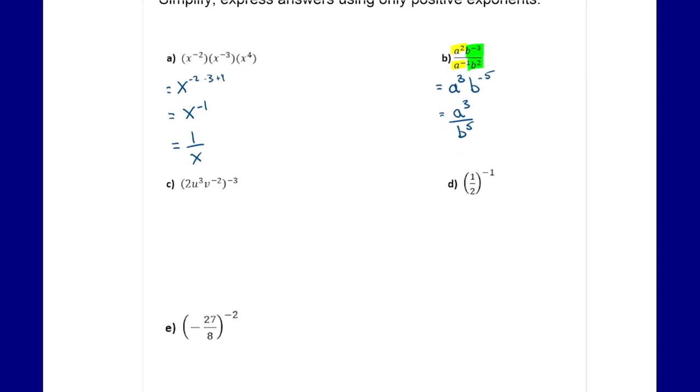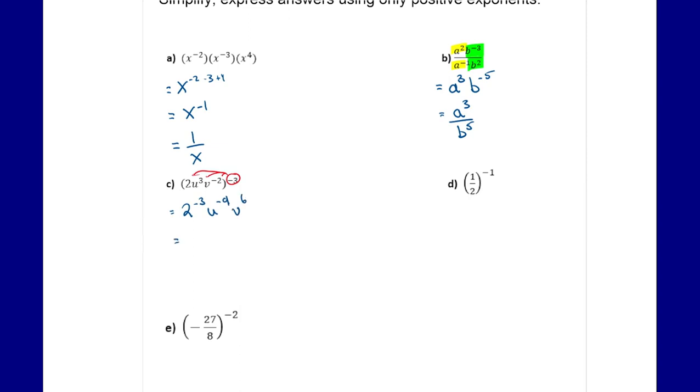For c, I'm going to carry this exponent all the way through to each part. So that means it'll be 2 to the power of -3. For u, power to a power, we multiply, so u to the power of -9 and v to the power of 6.